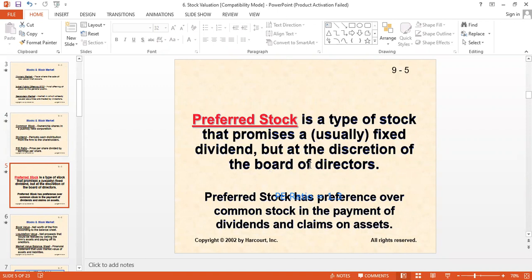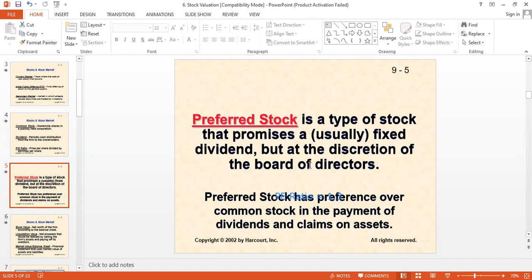If they decide not to give a dividend this year and reinvest the amount in the business, you will not be getting it, but it will be recorded as payable to you, that the company is liable to pay you this dividend sometime in future. So ultimately you will be getting your dividend.